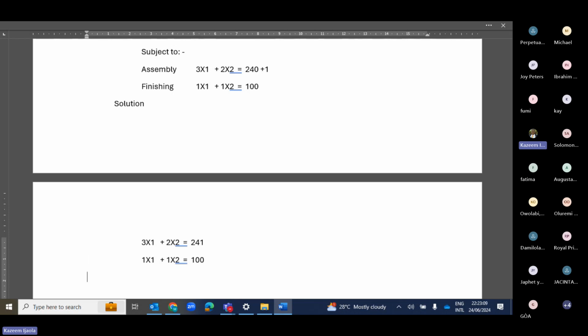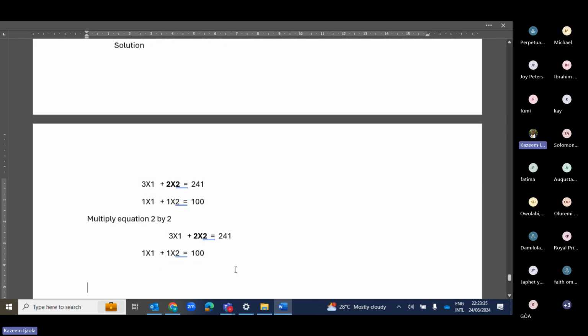How can you solve it? You can just multiply equation 2 by 2, based on how we solve it in class. So my new equation will be this. 2 times 1 here will be 2.